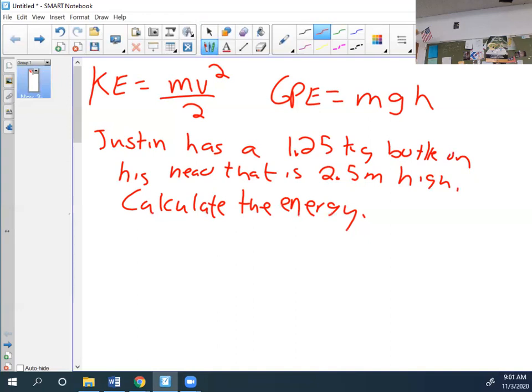Why am I calculating GPE? It's not moving. It's at a height. If I'm giving something with just meters, it will be GPE.